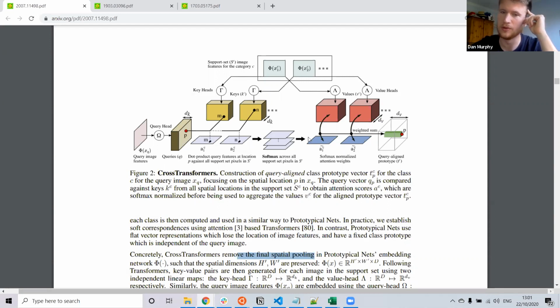And so we then construct a prototype embedding based on these attention values that we've got from softmaxing. So we construct a value matrix tensor using the value heads, and then use the softmax weights to sum across these value tensors from all of the support set images. And we get our prototype for this query.